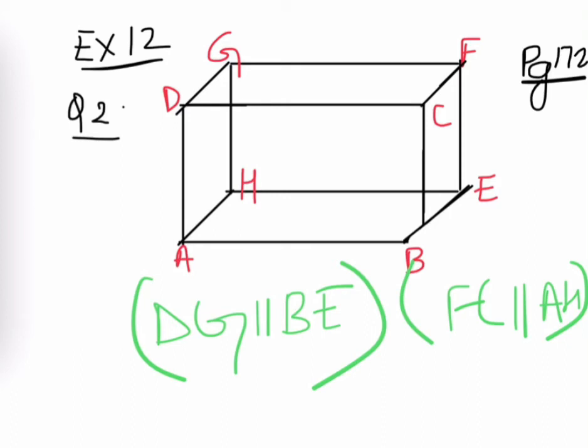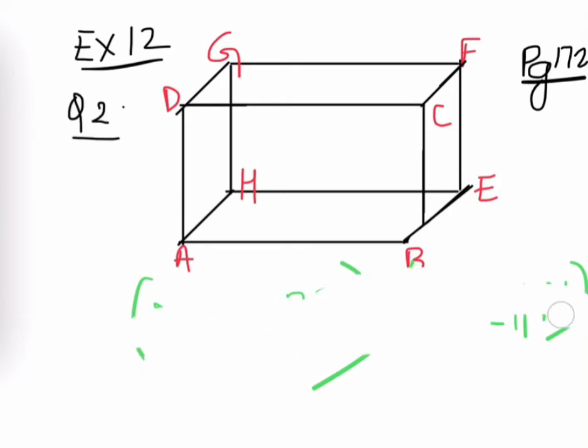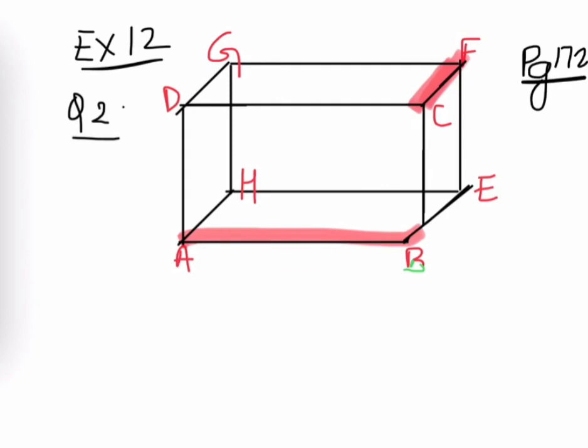Now, I have one more question for all of you. See it very carefully. My question is, can AB be parallel to CF? Are these two parallel lines?